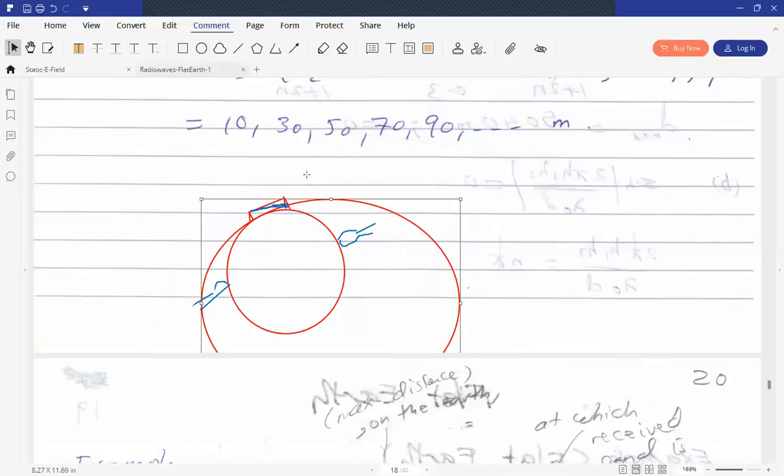Now, if this ray also moves with the earth when you stretch it, this will be a straight line in this case. This line here will become a straight line, because this is a circle also, a circle with a large radius. When you increase the radius of this and the radius of this, the circle with increased radius will become a straight line.